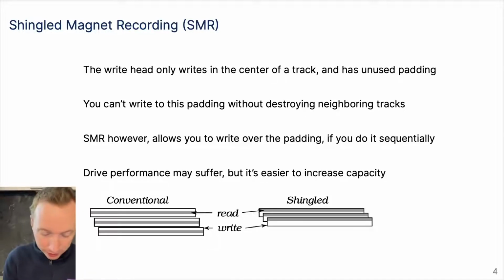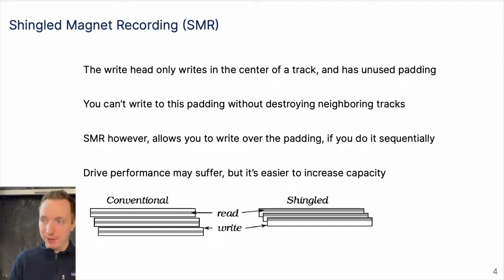But shingled magnetic recording basically takes advantage of this and writes over the padding if you do it in a certain way. So you have to guarantee all your writes happen at, say, outer tracks before inner tracks. That way you can overlap the interference a little bit and pack things even closer together.